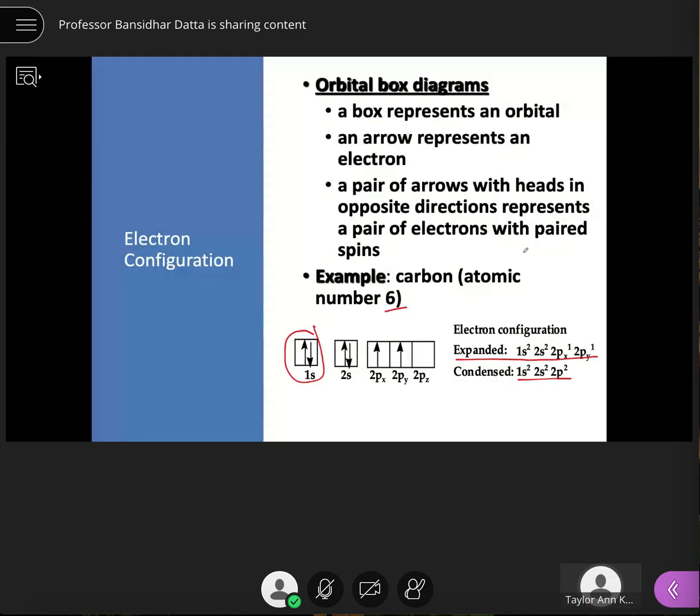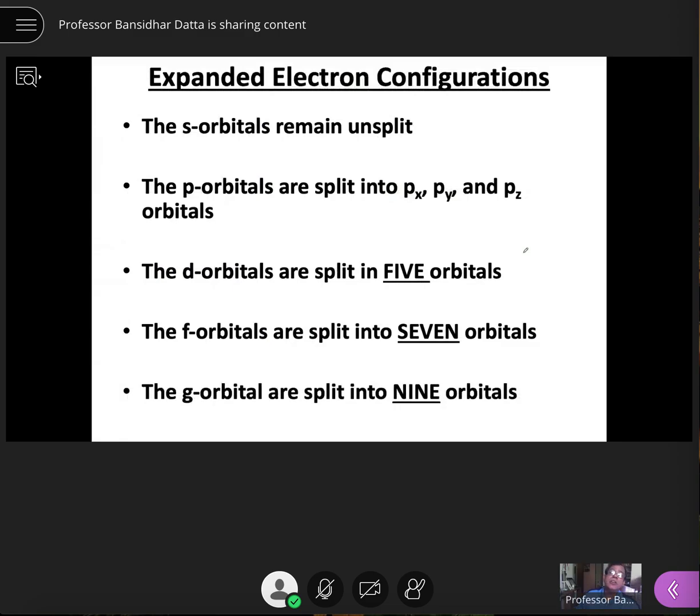Okay, thank you. Now, in expanded electronic configurations, the s orbital is never split. It stays as it is. You saw the diagram. The p orbital can split into px, py, and pz, 3 different coordinates, 3-dimensional. The d orbital can split 5 times in 5 different coordinates. I gave you dx square minus y square, dy square minus dz square, dxy, dyx, dzx.